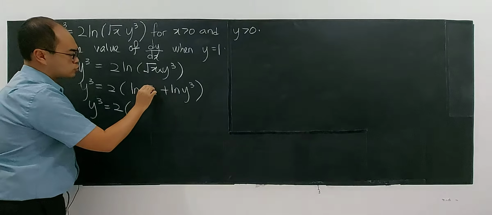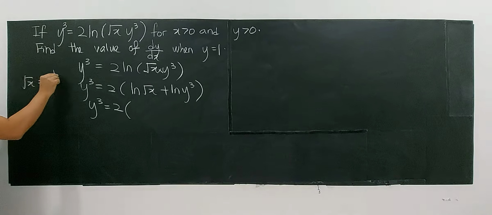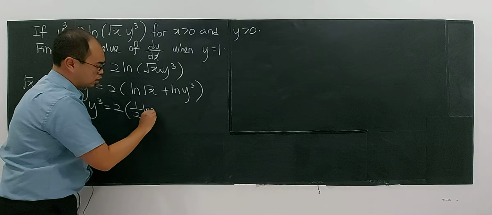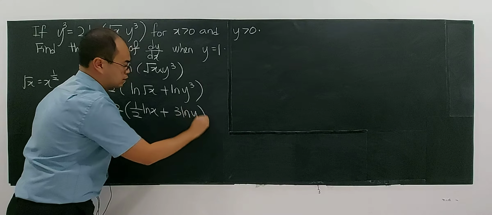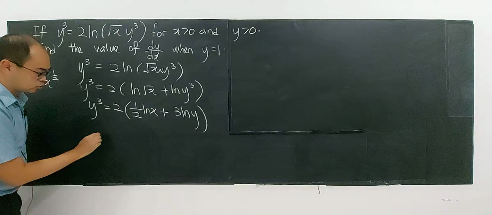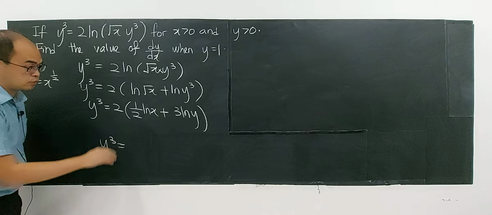Square root of x is x to the power 1/2. So you bring down the 1/2, and you have 1/2 ln x plus 3 ln y. You can bring the 2 forward and expand it. This is all simplifying; we are not differentiating yet.